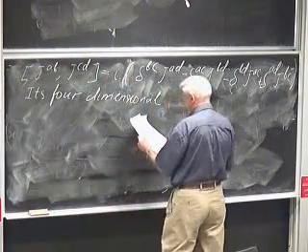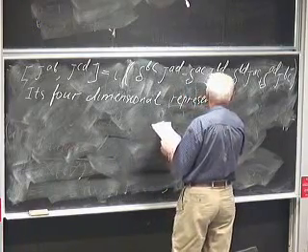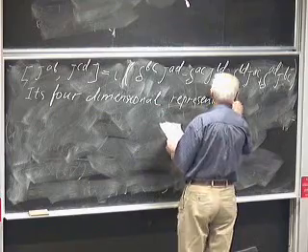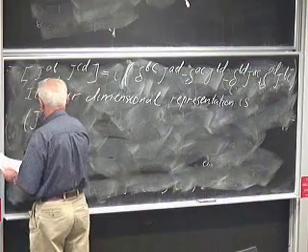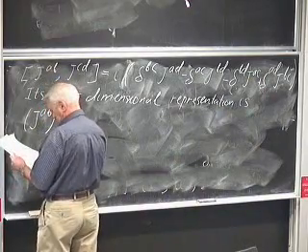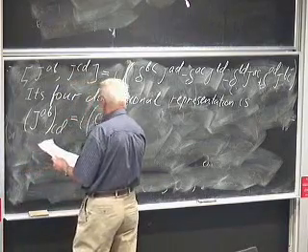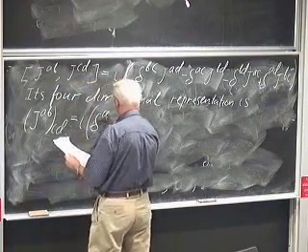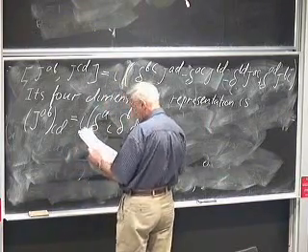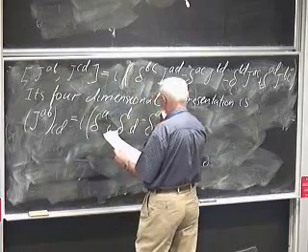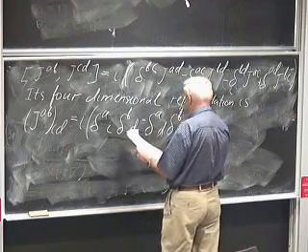Also you should know this: J_AB acting on CD equals i delta, I will write in this form, delta_BC delta_AD minus delta_AD delta_BC.